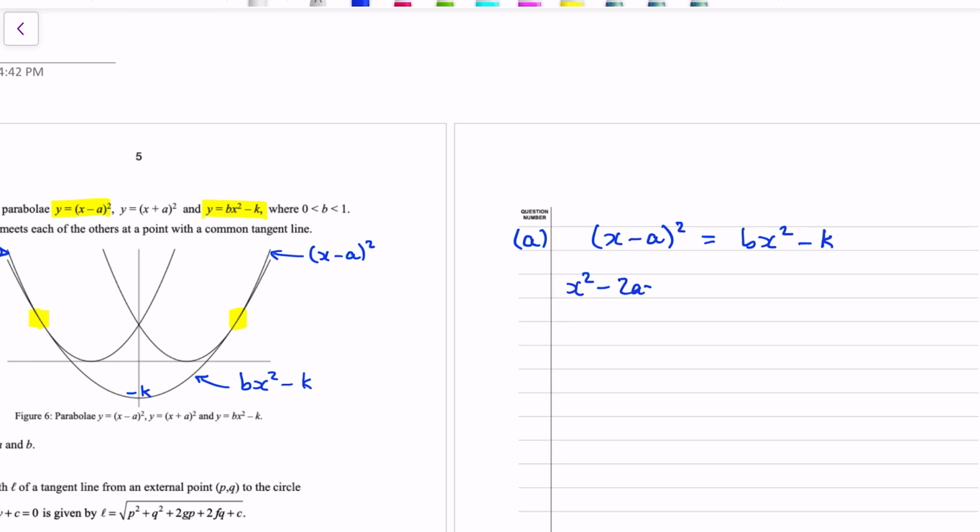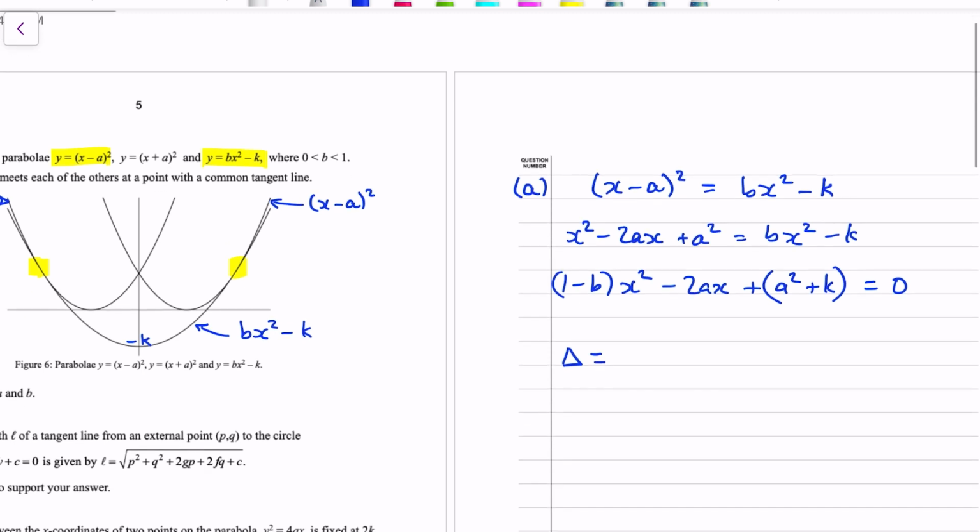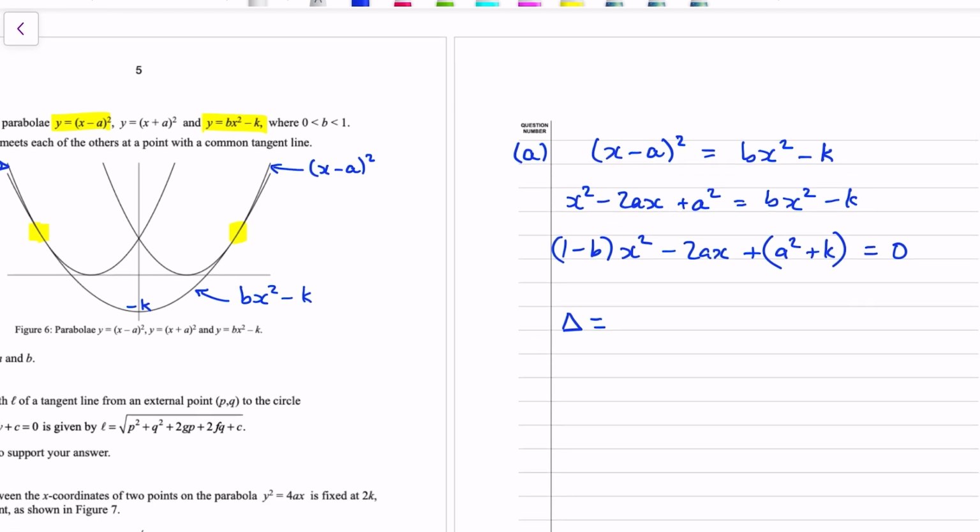Expand that out and put it into a standard format. We've got (1 minus b) times x squared minus 2ax as the linear term, and then a squared plus k is our constant term, and then go straight to the discriminant. Be careful with this because there are a's and b's in the quadratic, so I like to put inverted commas around this, like 'a' and 'b' don't mean a and b from the problem.